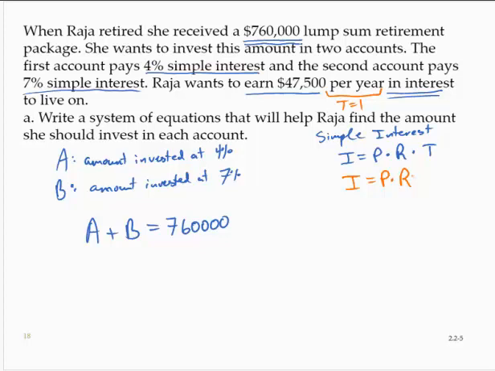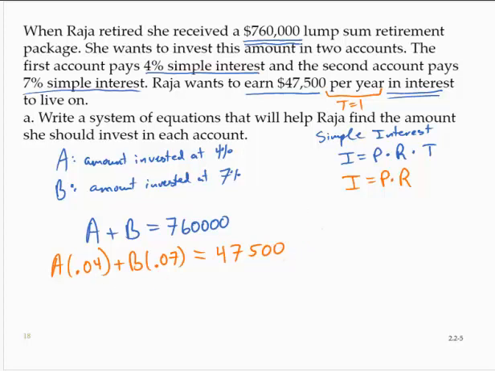So, in terms of the interest, we would have A times 0.04 plus B times 0.07, and the total interest earned must be $47,500. So there is a system of equations, and we can clean up that second equation a little bit.